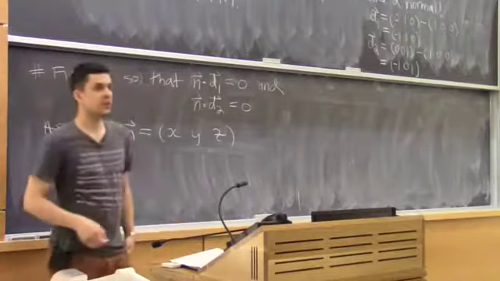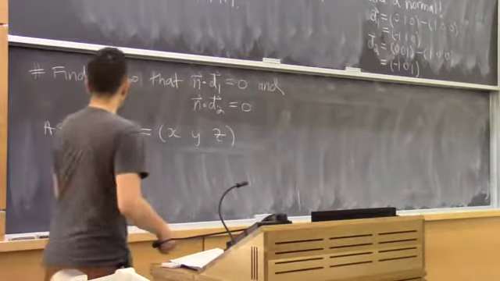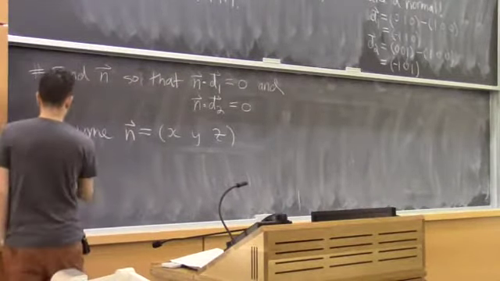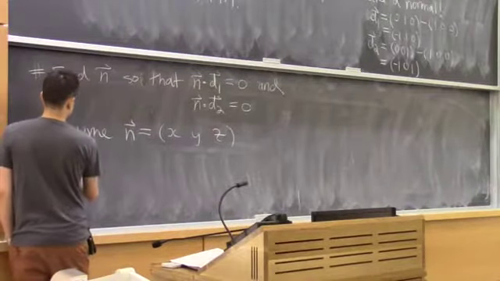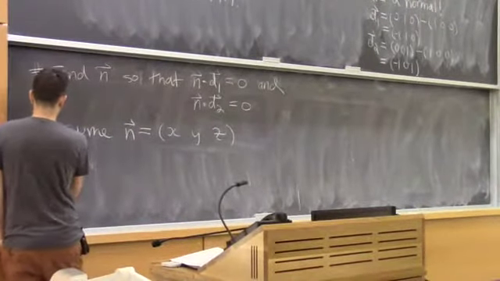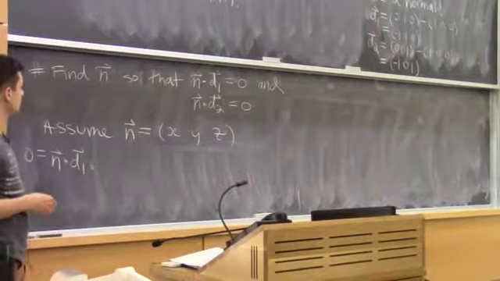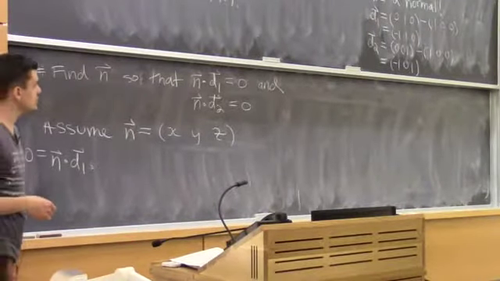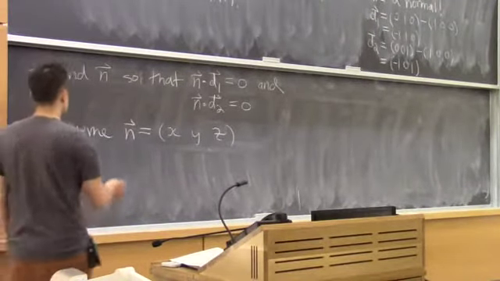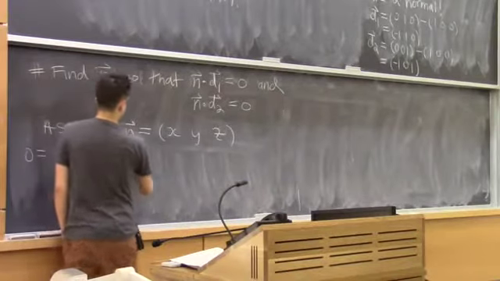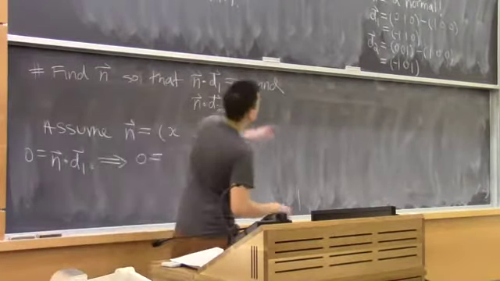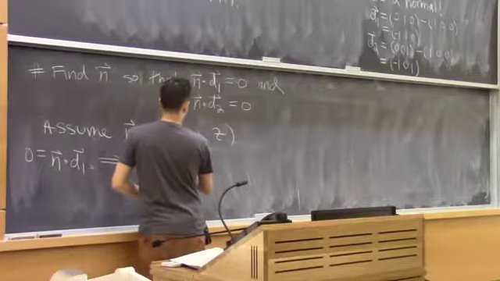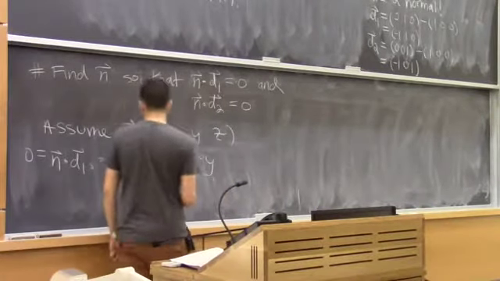So assume that this is our normal. Okay, if n dot the first direction vector is 0, then that tells us negative x plus y.